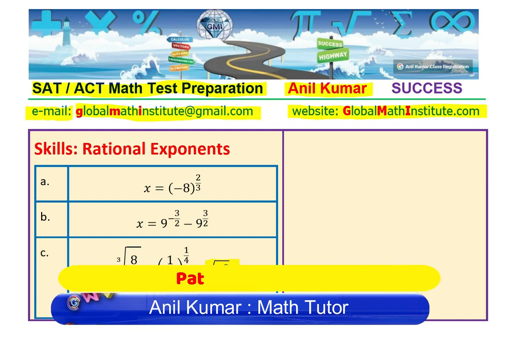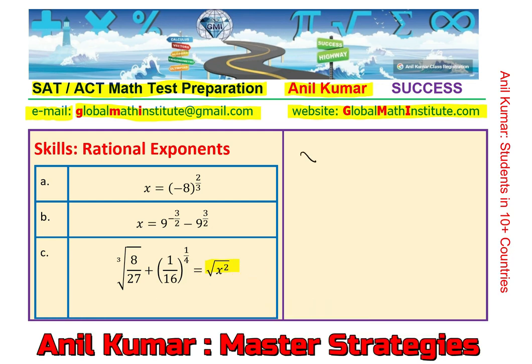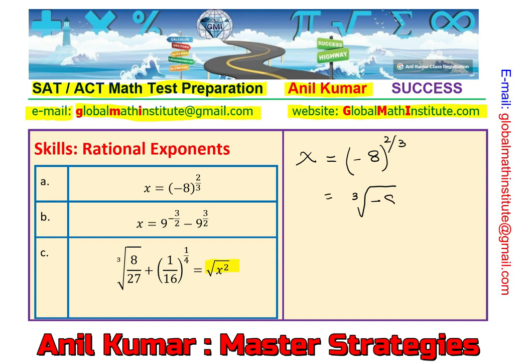Now let's see, how do we work with rational exponents? The very first example is relatively simple. We need to find the value of x, which is minus 8 to the power of 2 by 3. Now we know cube root of 8 is 2, right? So it is good to first find the cube root of minus 8, and once we do that, we can square it.